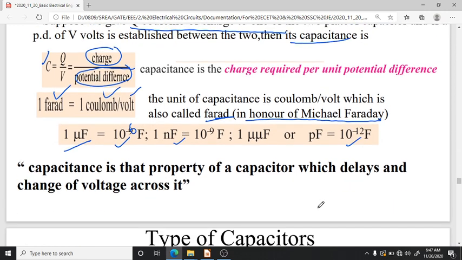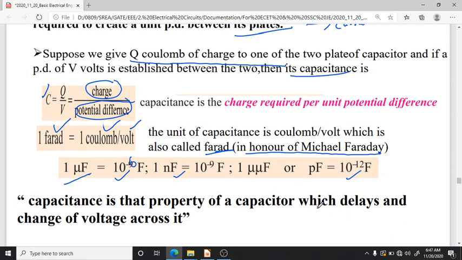Capacitance is that property of a capacitor which delays any change of voltage across it. This is another nature of the capacitor: it opposes a sudden change of voltage. Suppose you apply some voltage across a capacitor momentarily, then it won't accept the change of voltage immediately.